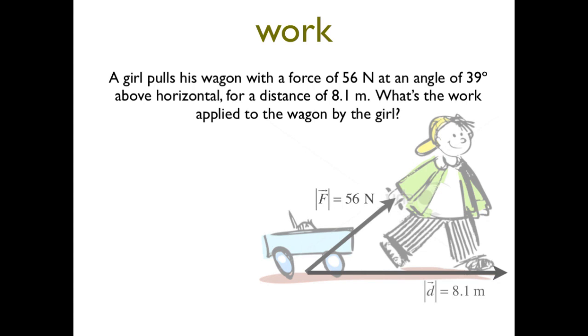I'm showing the magnitudes numerically, and then I'm showing these vectors as arrows. So what's the work? We want to write the vectors F and d.